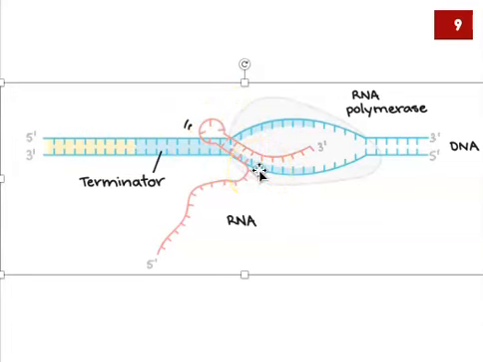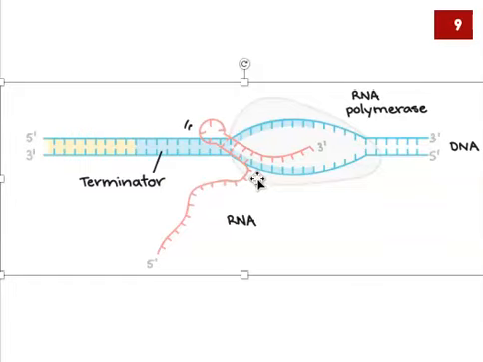It's just due to the order of the bases. In other words, there has to be some complementary bases that can line up and bind to themselves, essentially, in that region. Now, this is what's going to stop the elongation phase.